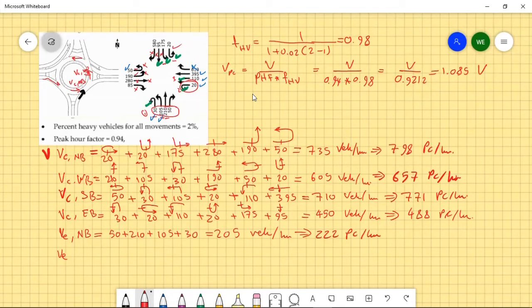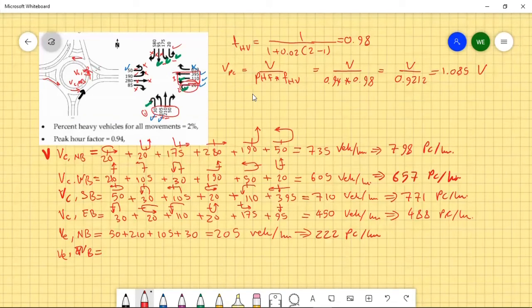For the entering volume for the westbound, I'm sorry, please notice that you have two lanes. We have a bypass and we have this lane. So in this case, we are going to add only those as entering.